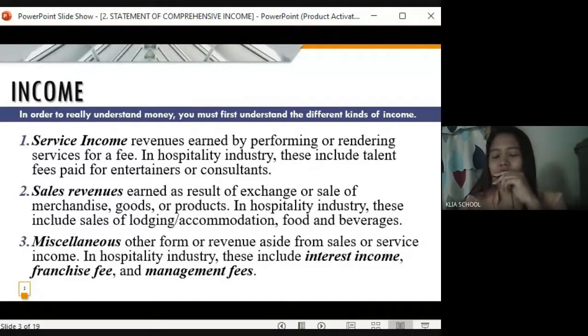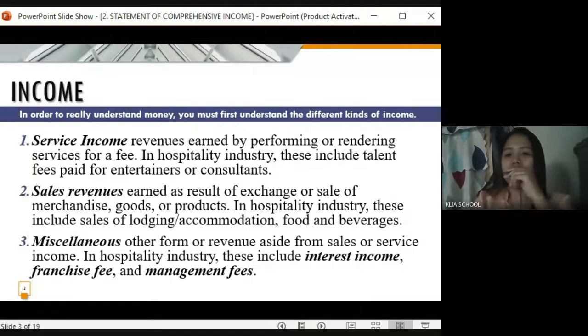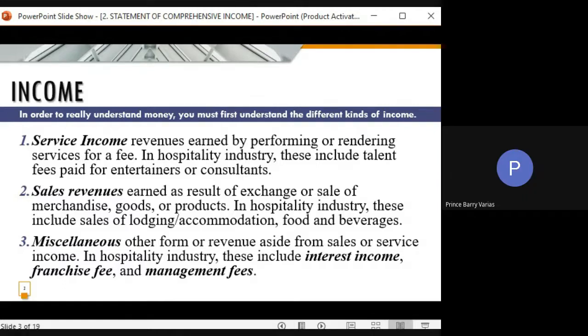Okay. How about the sales revenues? Ano ba yung tinatawag na sales revenues? Will you please read, Prince? Sales revenues earned as results of exchange or sales of merchandise, goods or products. In hospitality industry, these include sales of lodging, accommodations, foods and beverages. Okay, thank you.